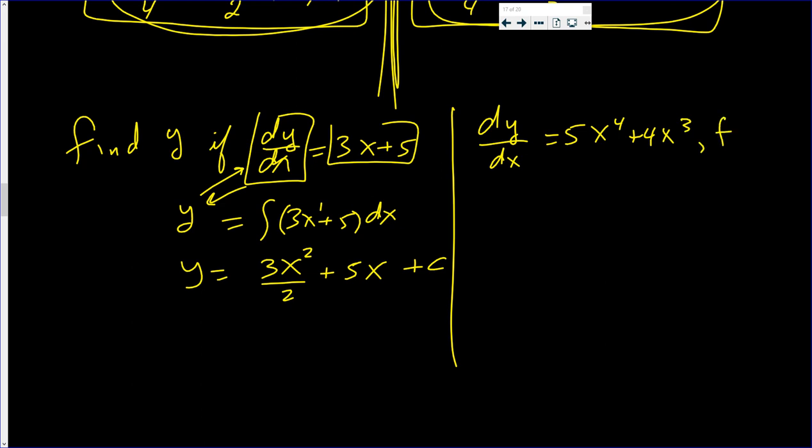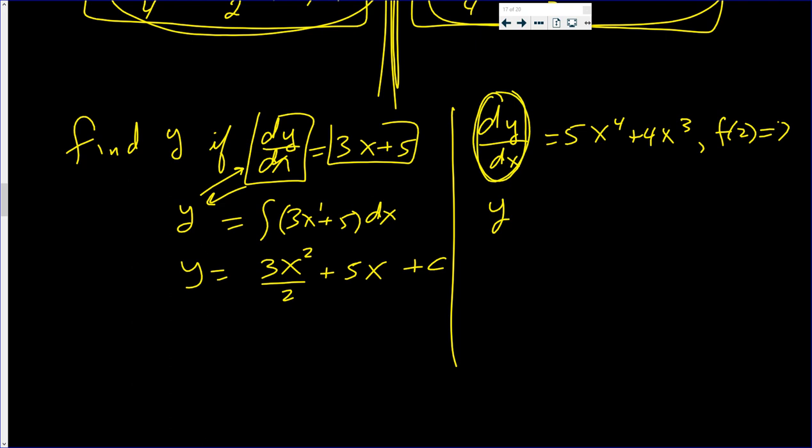You're told that y of 2 is equal to 7. Find y. Well, if you take the derivative of y and then undo that, you get back y.